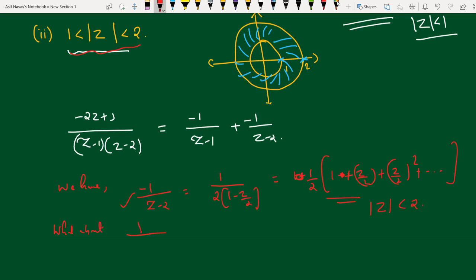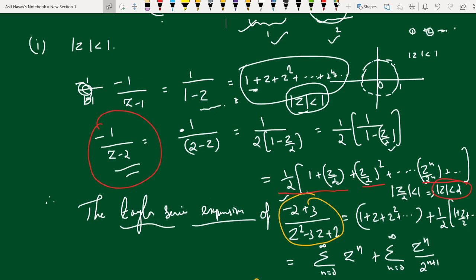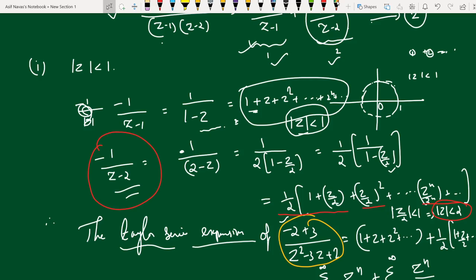Now what about minus 1 by z minus 1? This you can write as 1 by 1 minus z. But this expansion is valid only when mod z less than 1, that means for any z such that mod z less than 1.